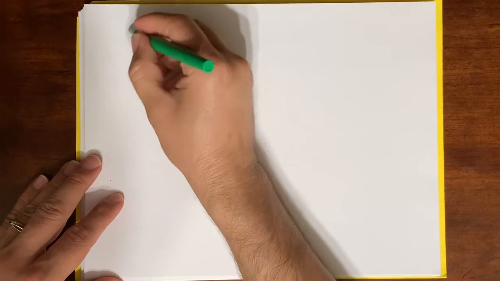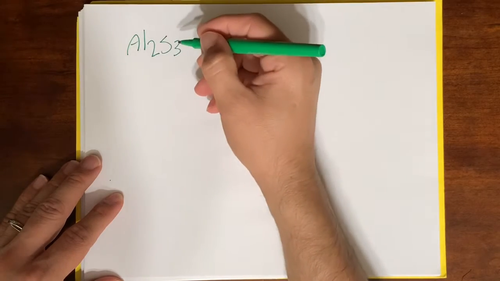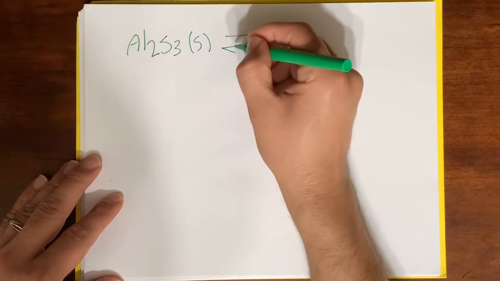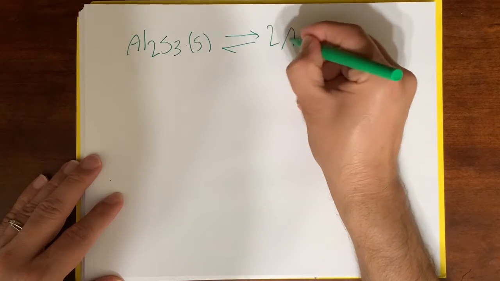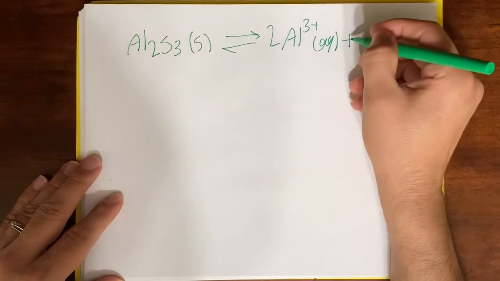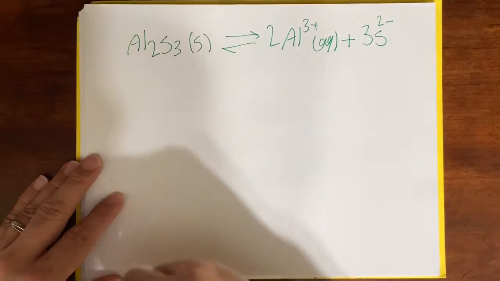Try to practice this one for yourself. So there is aluminum sulfide solid under equilibrium condition with 2 aluminum plus and 3 sulfide minus 2.